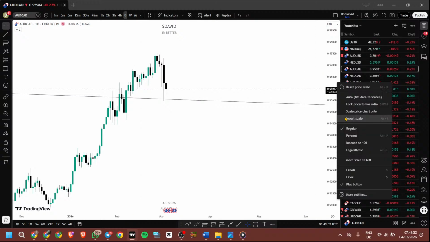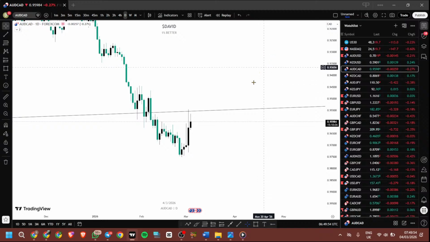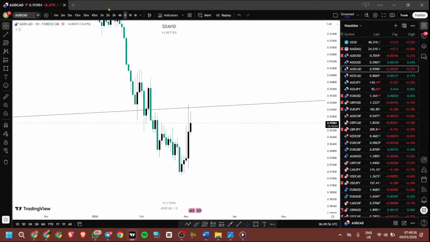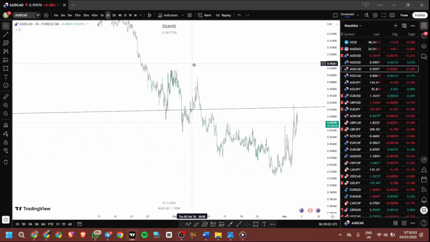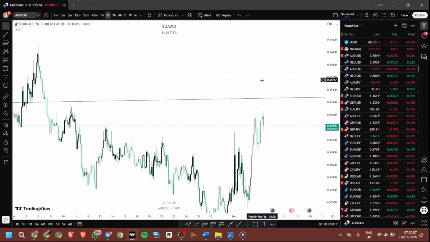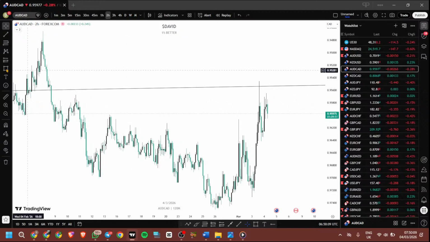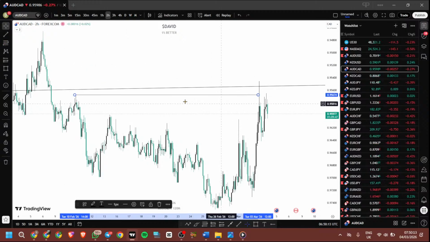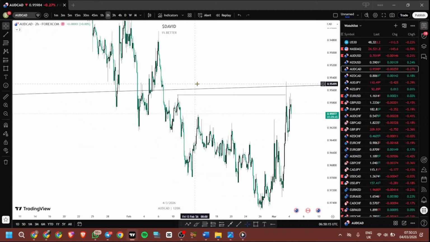I just saw something. I just saw something. So let's go back to our pair. So I saw this price on this, yeah, I'm on the 4 hour time frame.